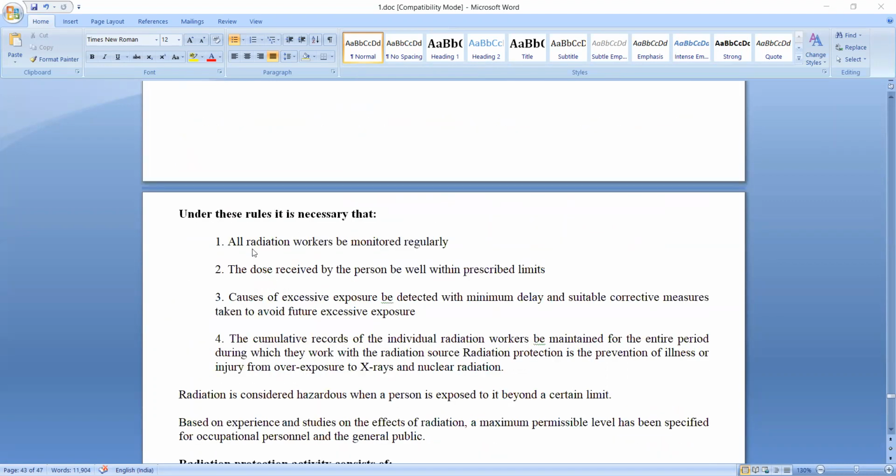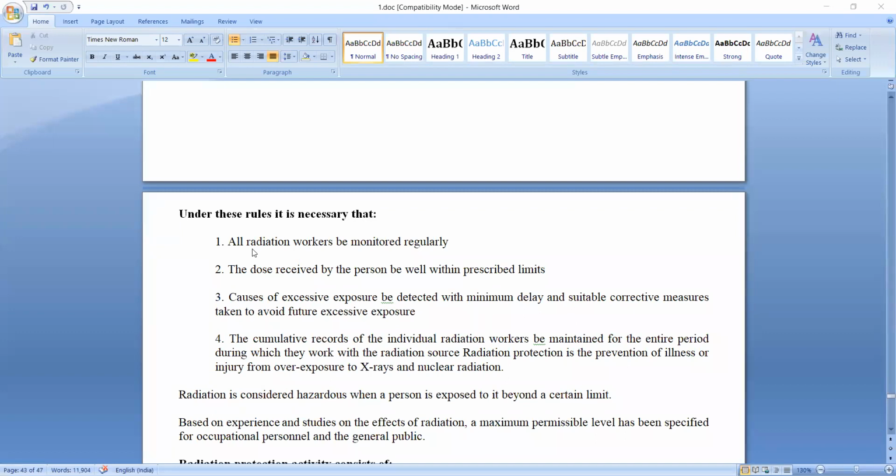The first rule: all radiation workers, meaning the workers who work around this radiation or in work related to radiography, should be monitored regularly. The industry should monitor the radiation exposure of workers regularly, every day. We have to test how much radiation a person was exposed to today, the next day, for 1 week, 1 month, 1 year.